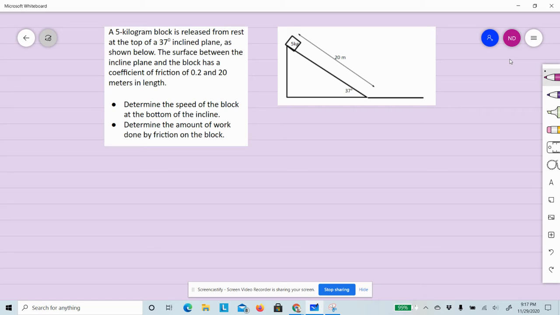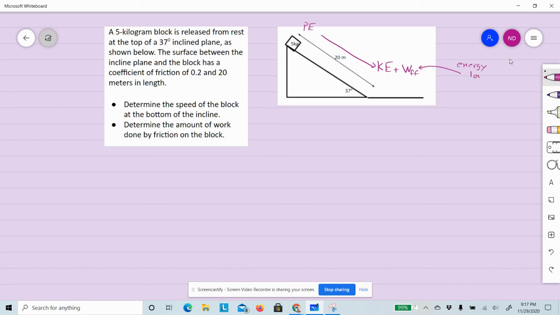So here, the potential energy at the top is going to become kinetic energy and some work done by the force of friction. There will be energy lost to the environment.